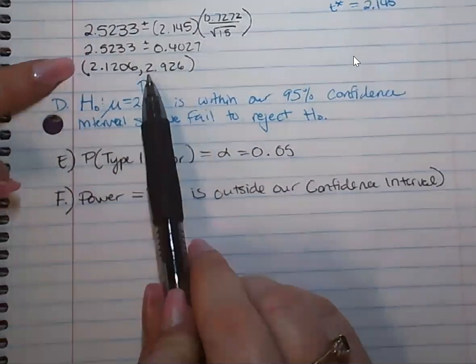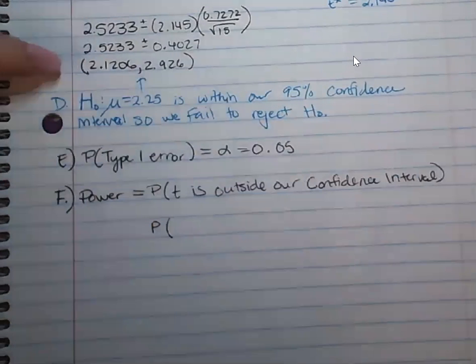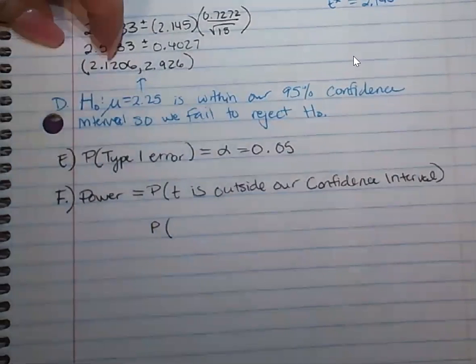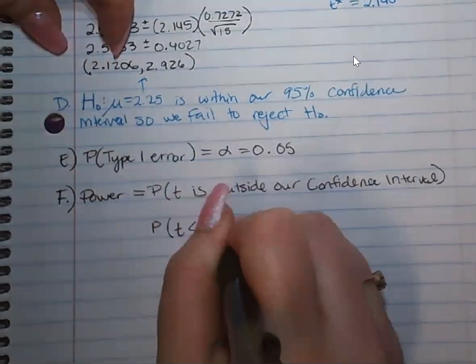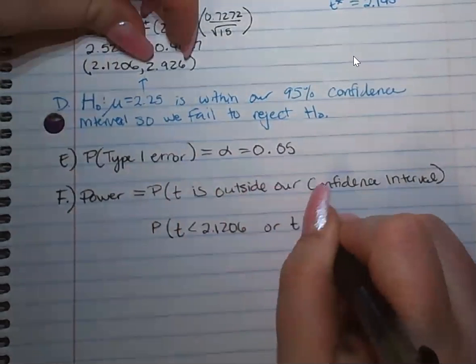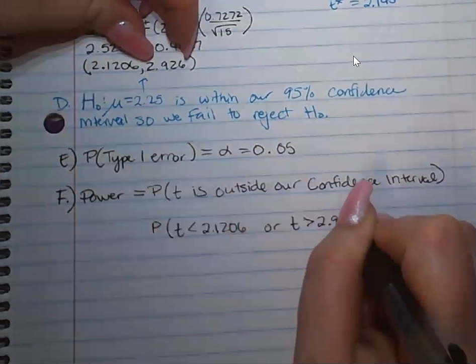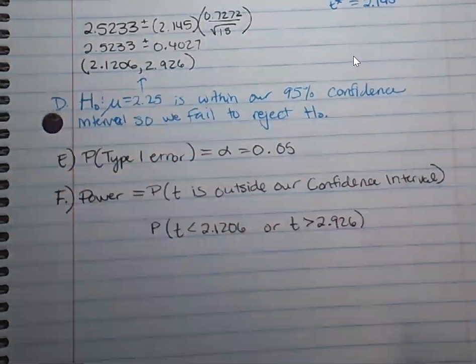We are going to calculate the probability that t is either less than 2.1206 or that t is greater than 2.926, given that the true mean they said was 2.5. That's important.